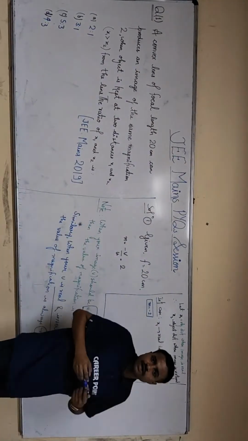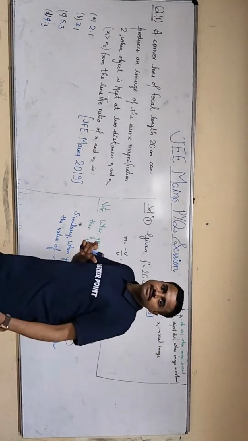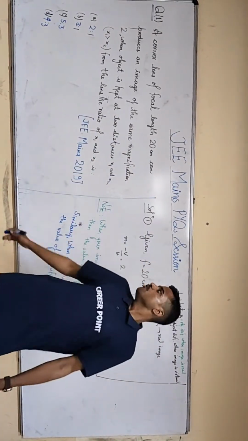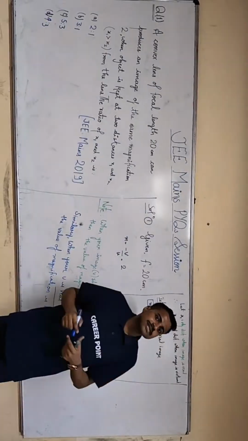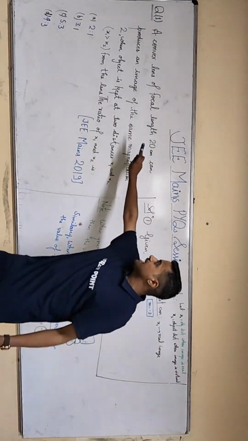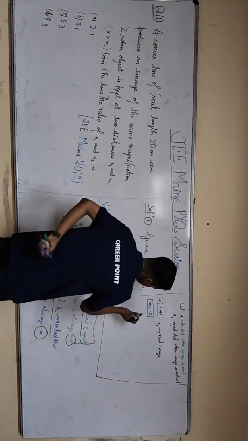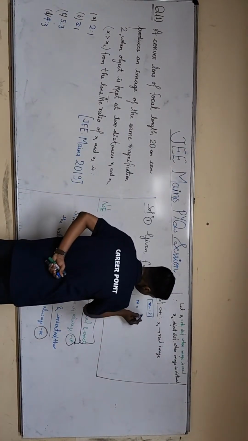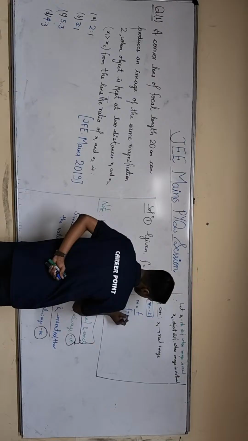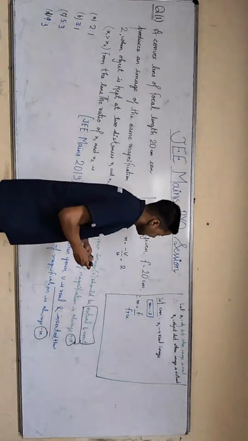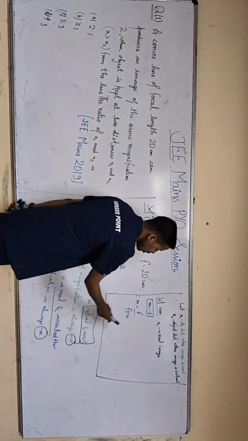And you know very well there are two formulas of magnification for a convex lens. Whenever we establish a relationship between focal length and object distance, the formula of magnification becomes m = f/(f + u), where m is the magnification, f is the focal length, and u is the object distance.